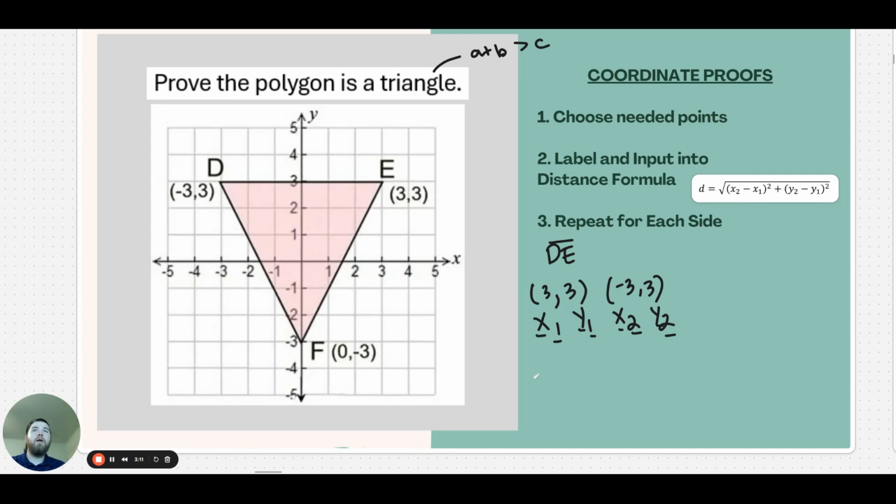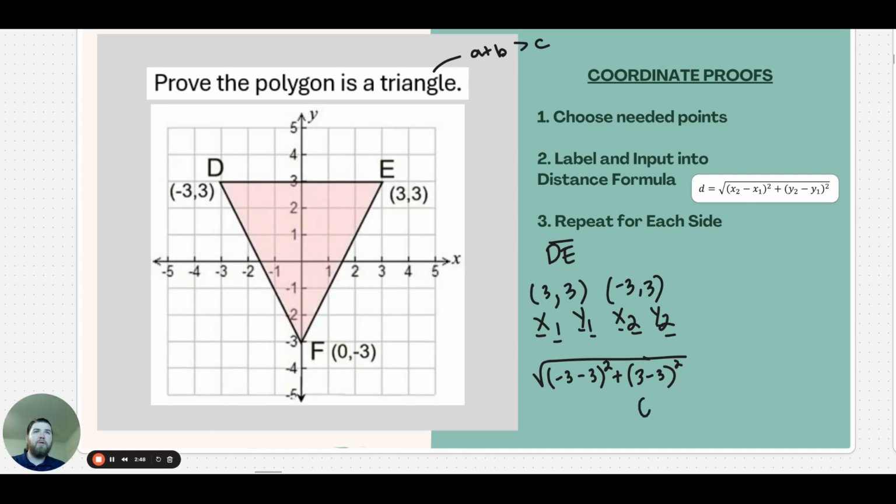Once I do that, I'm going to put it straight into my distance formula. It's a really intimidating formula, but it's not that difficult to use. So I get x2 is -3 and x1 is positive 3, so x2 minus x1 squared, plus y2 is 3 minus y1 is 3.